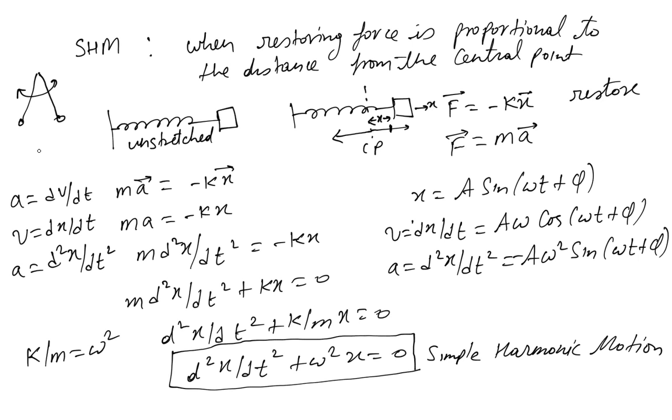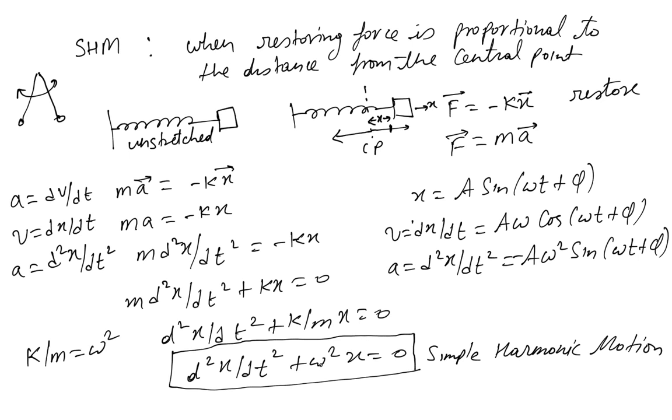And you can have other cases also. But this is what you're trying to achieve, this kind of equation on variable x, theta, or anything else, when you are trying to explain a simple harmonic motion.